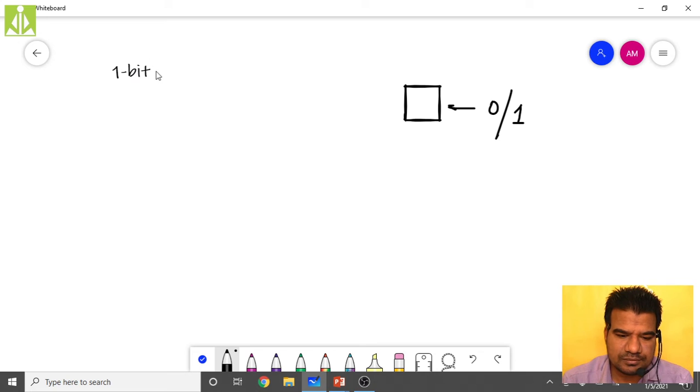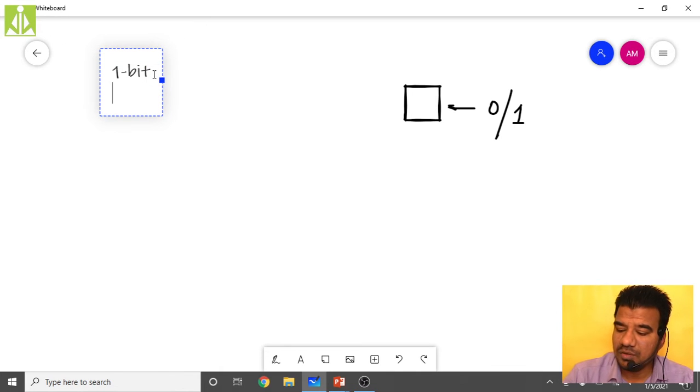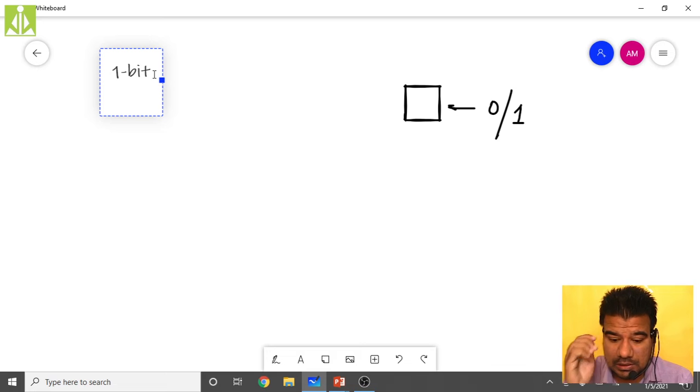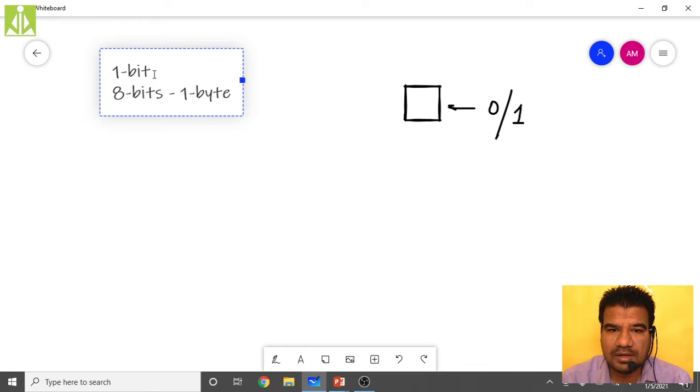Okay, we'll move further. Such memory bits, if you collect 8 bits, it will become a byte. 1 byte. 8 bits is equal to 1 byte.